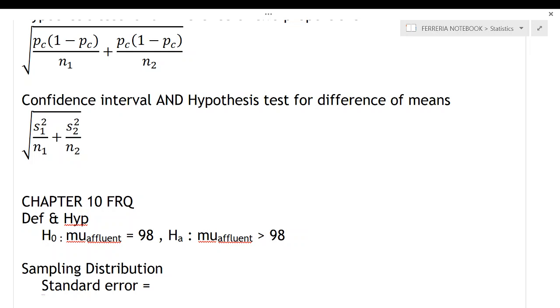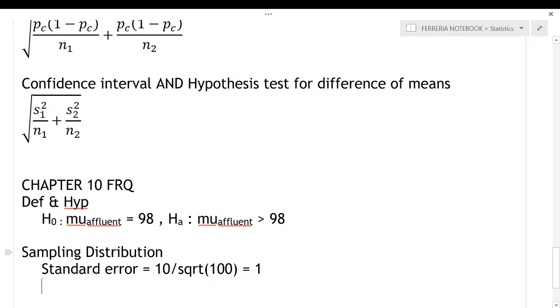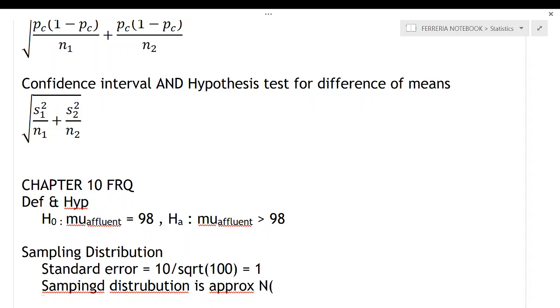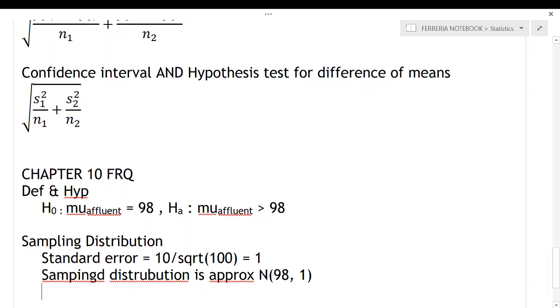So we are given 10 over the square root of, how many households do we have? 100? That's a big community. We get 1. What's next? We need to have our sampling distribution. It is approximately normal with a mean of 98. That always comes from the null hypothesis. Standard deviation of 1. Conditions.